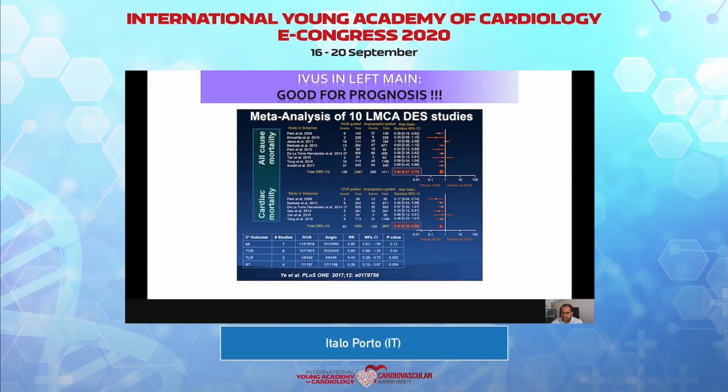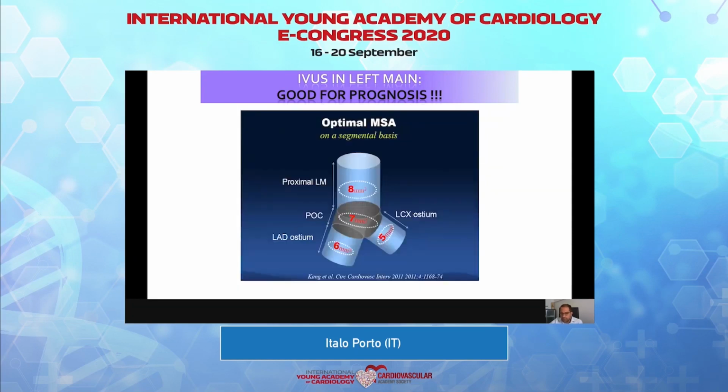And what if you stent? Well, you should use IVUS to guide stenting of the left main, because IVUS is associated with improved hard endpoints. And again, you should aim for very easy targets: obtaining 5 mm² in the circ ostium, 6 mm² in the LAD ostium, 7 mm² in the polygon of confluence, 8 mm² in the proximal left main.